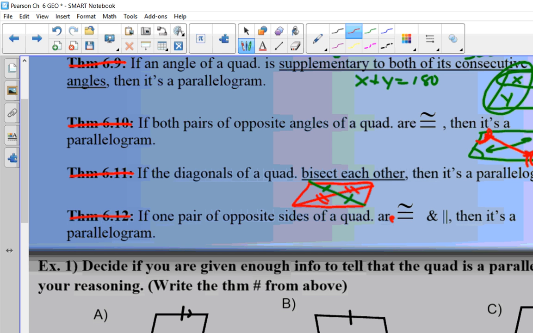No, so I could have it the other way. If these are parallel and these are congruent, I can call it a parallelogram. So I only need one pair to prove that it's a parallelogram.